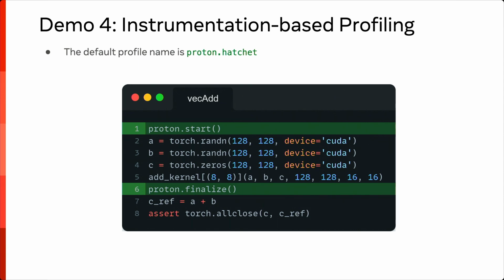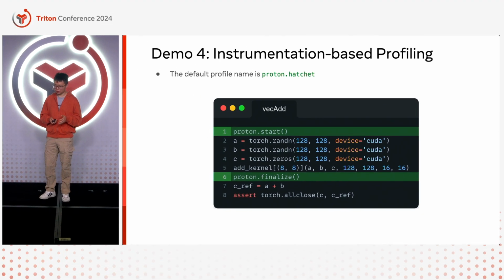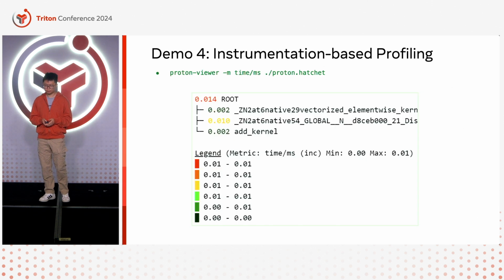After that, we're just going to finalize profiling by dumping the profile onto the disk. So the APIs we involve here are proton.start and proton.finalize. These are pretty much necessary APIs for every Python program you want to profile if you use the instrumentation-based method.